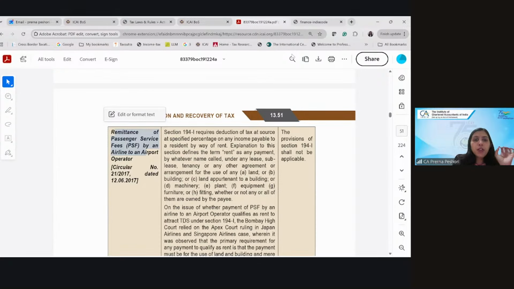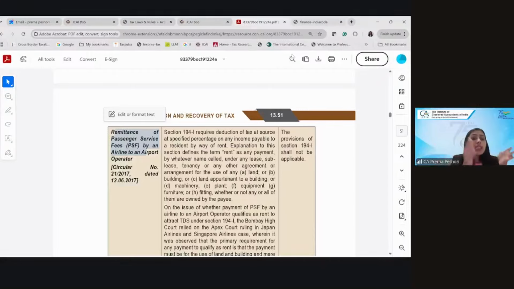So I'll explain what it is. It is a part of the passenger fare of the air travel. A passenger service fee is added to the cost of the airline ticket to fund different operations at the airport. Airport security: when you enter the airport, you have to do the security check-in.